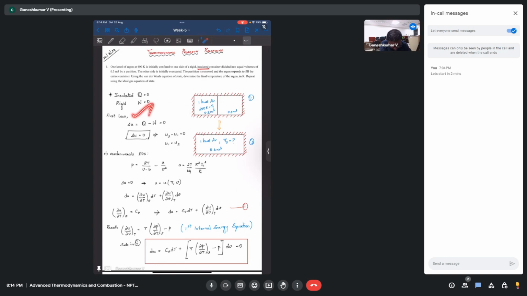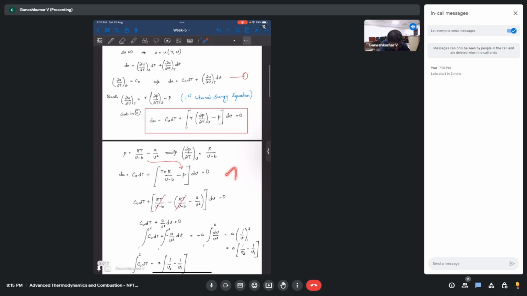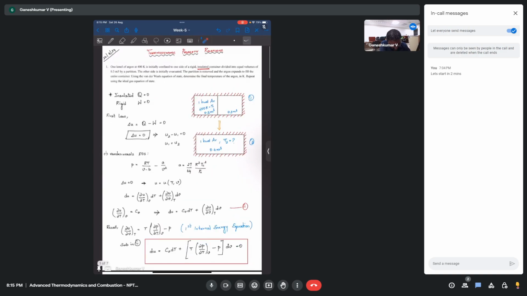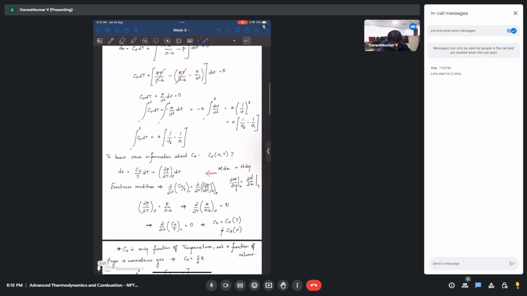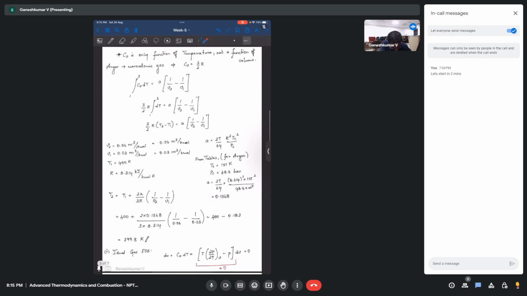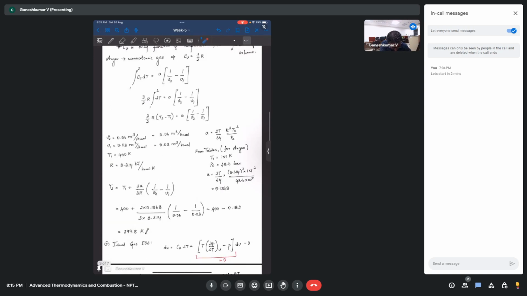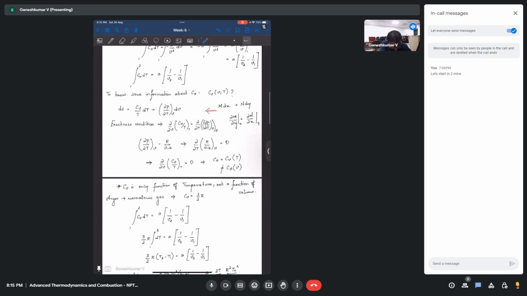We applied the first law, and then we used the internal energy equation, the internal energy change, which is equal to 0, and using that equation we were able to develop a relation to find the temperature. And we know that argon can either behave as a van der Waals equation of state or an ideal gas equation of state. So that is what is given in the question. So if it behaves as a van der Waals equation of state, what is the change in temperature? And if it behaves as an ideal gas equation of state, what is the change in temperature, is what we were trying to find.